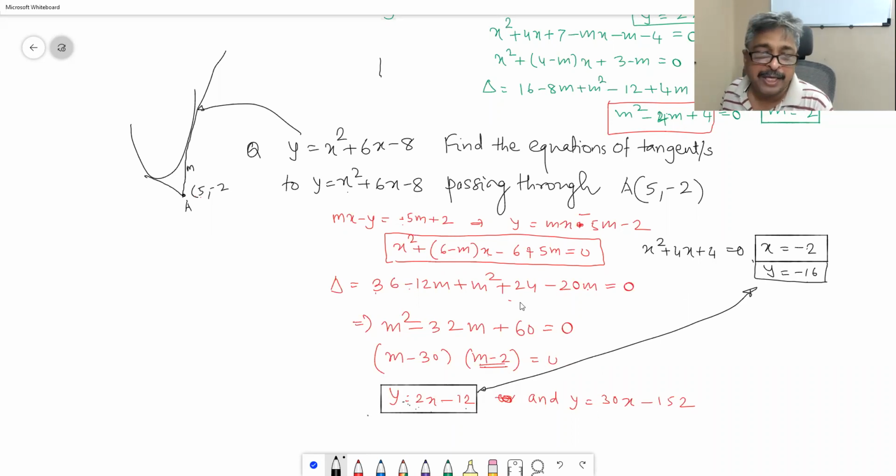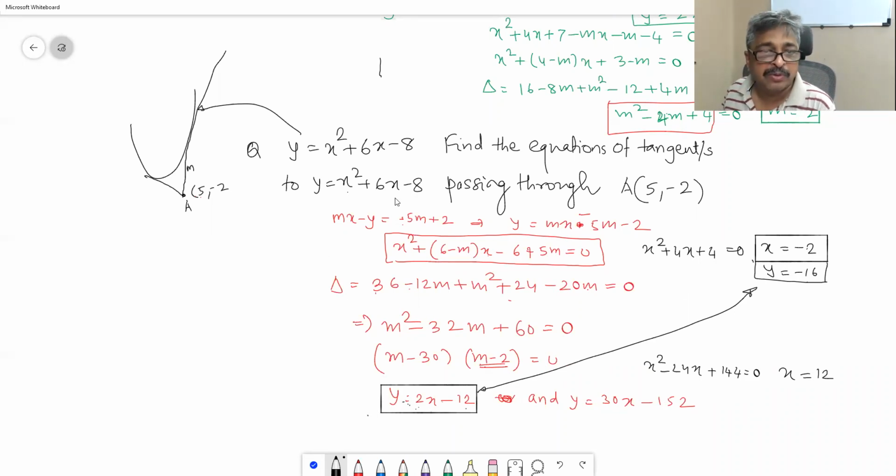If you put 30 here, what do we get? x square minus 24x plus 144 is equal to 0. So x is equal to 12.